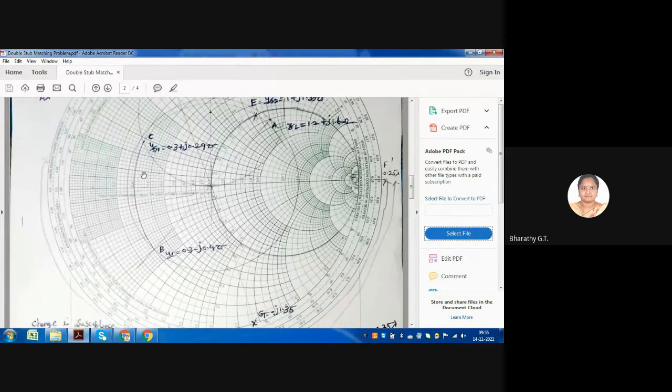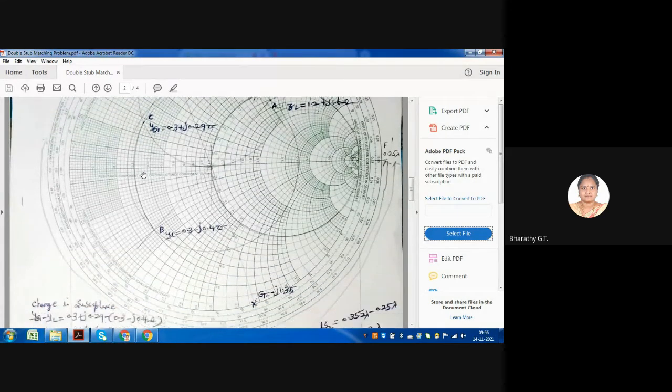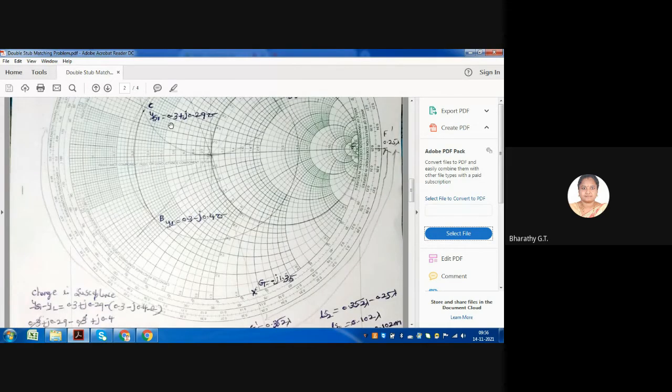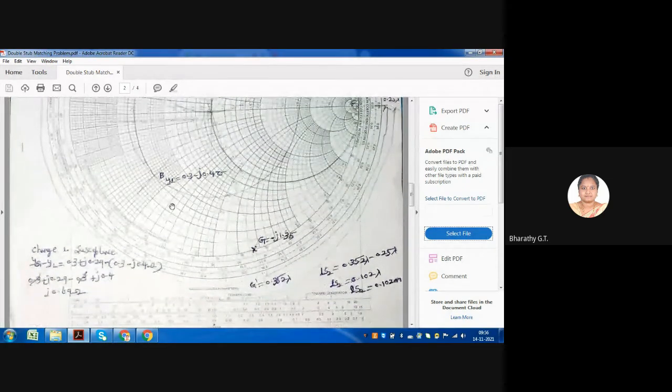You have to find the change in susceptance. So how do we calculate the change in susceptance? The formula for change in susceptance is YS1 minus YL. What is YS1? It is 0.3 plus J 0.29, minus YL. What is YL? 0.3 minus J 0.4.